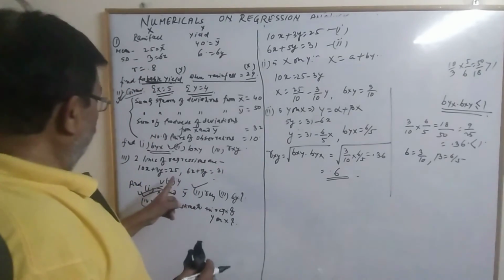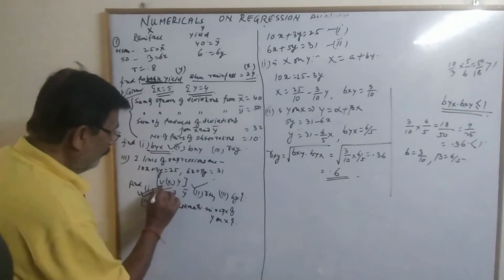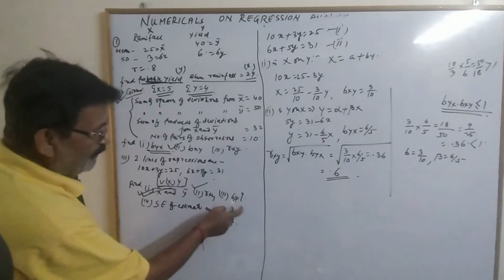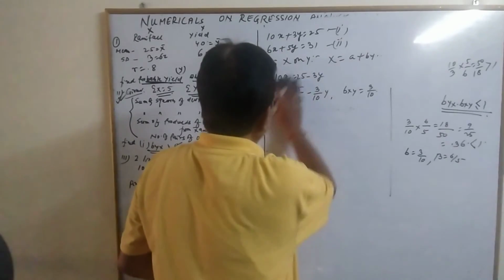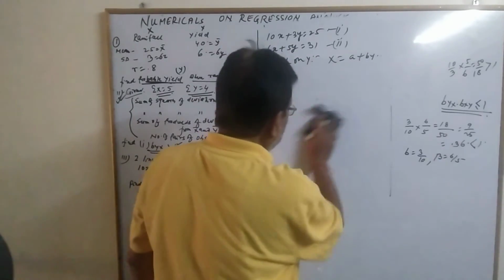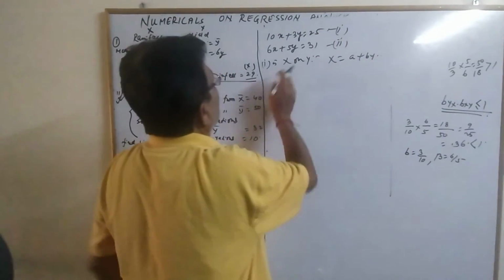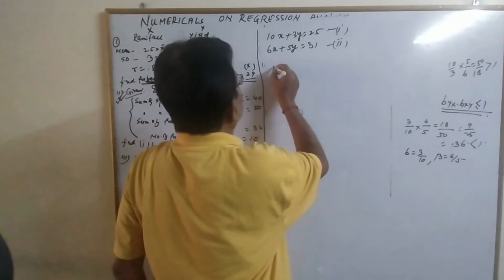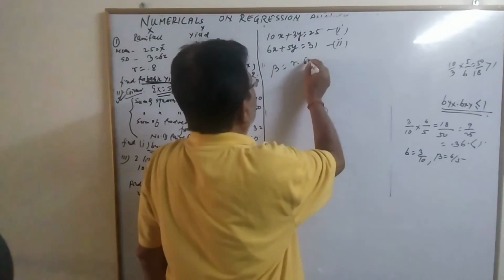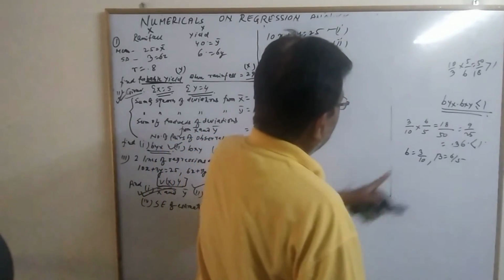We have the data on variance of x given, that is 4. So from that we have to calculate the standard deviation of y. Now for finding the standard deviation of y, we shall have to use the formula of either b or beta. Beta was defined as r into sigma y by sigma x.